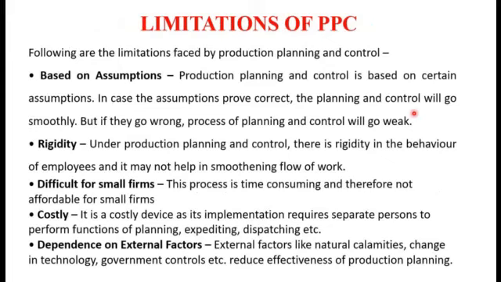Some limitations of production planning are also there. Production planning and control is based on certain assumptions. If these assumptions prove correct, the planning and control will go smoothly, but if they go wrong, the process of planning and control will go weak.